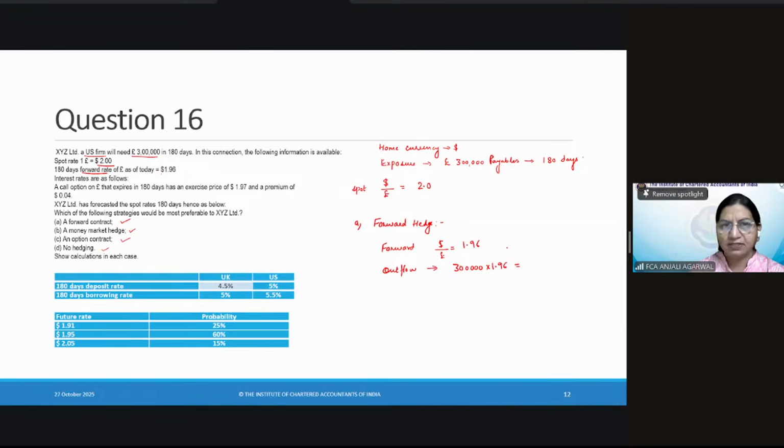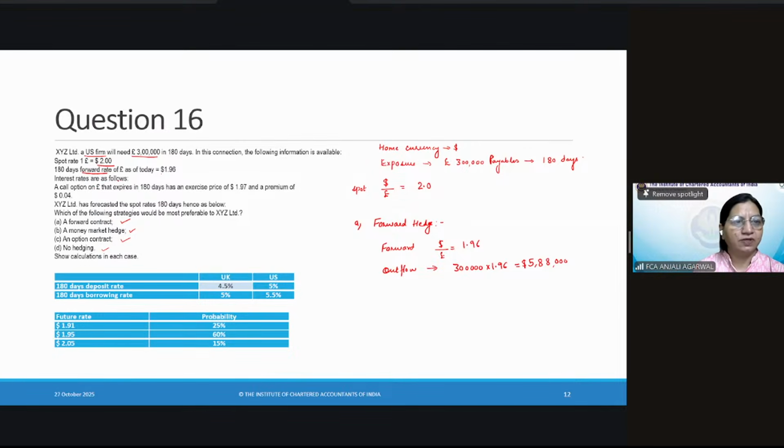You can simultaneously use calculators to figure out the answers. So we have $588,000 payables. So this is if you go by a forward contract.